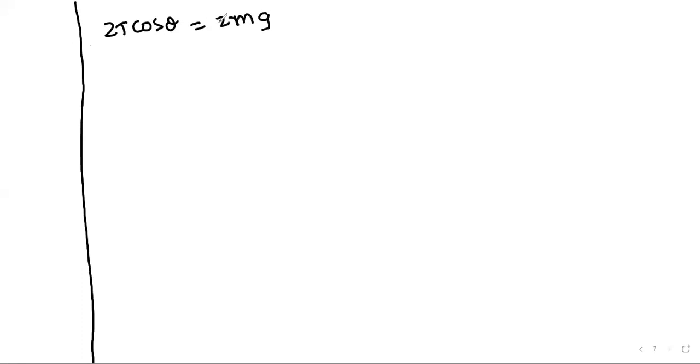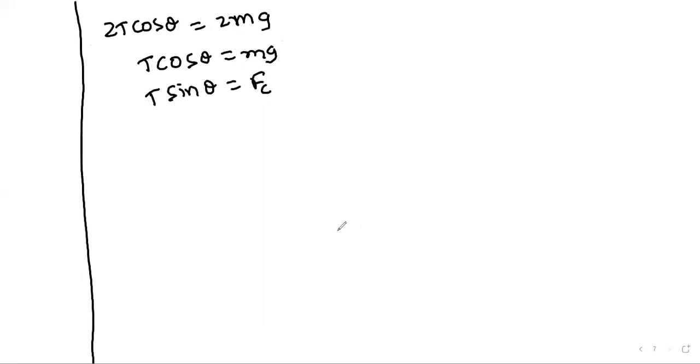From both the triangles, we can write 2T cos theta equal to 2mg, two particles. T cos theta equal to mg and T sin theta equal to Coulombic force.